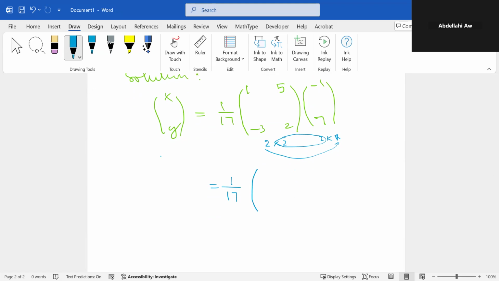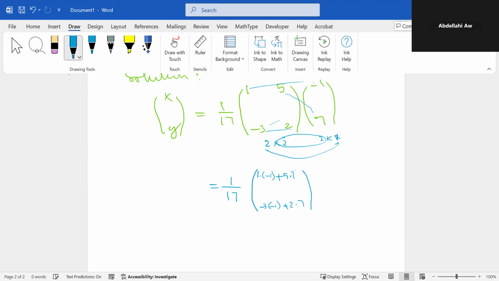To find the first one, I multiply the first row: 1 times negative 1, plus 5 times 7. And to find the second one, I multiply the second row by the same column: negative 3 times negative 1, plus 2 times 7.